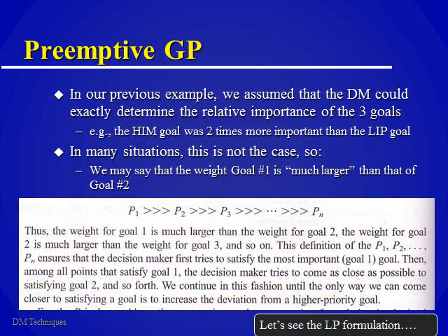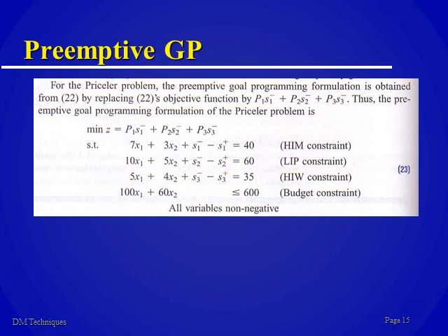Let's see the LP formulation for a preemptive goal program solution. For the Chrysler problem we were dealing with, the preemptive goal programming formulation is obtained by setting really high weights for each of the goals. The weight specified for goal number 1 is much bigger than that specified for goal number 2.